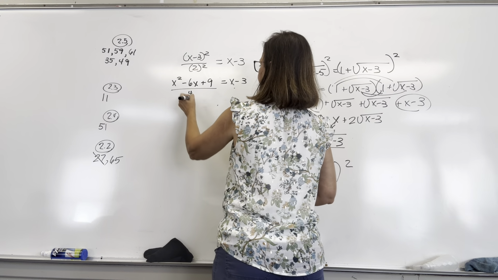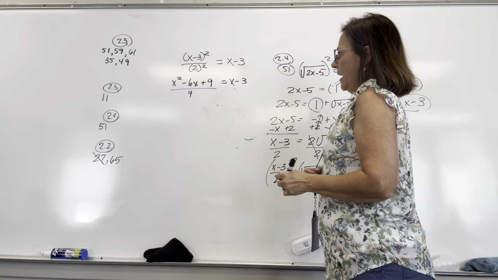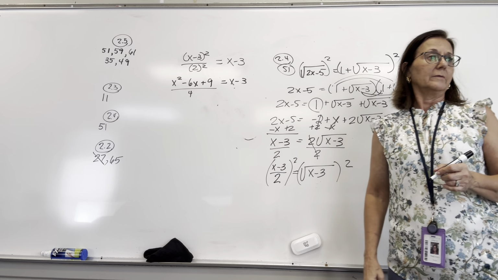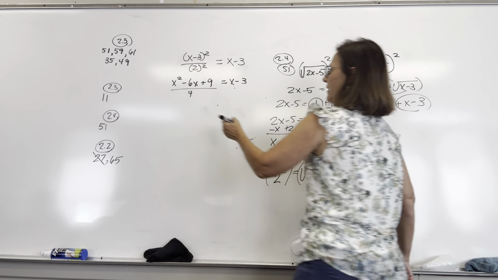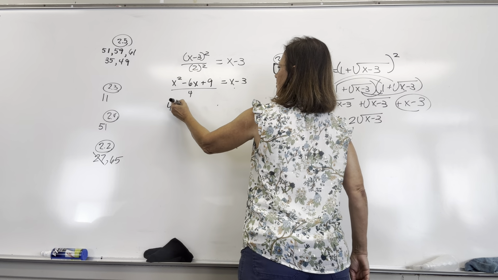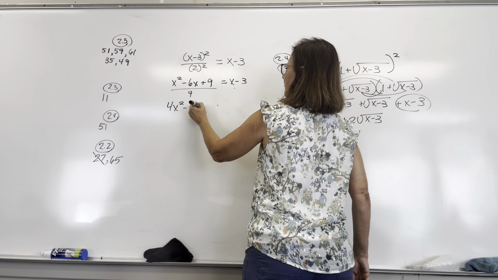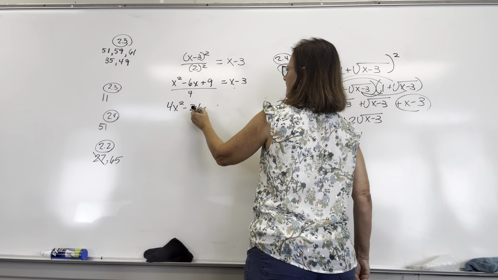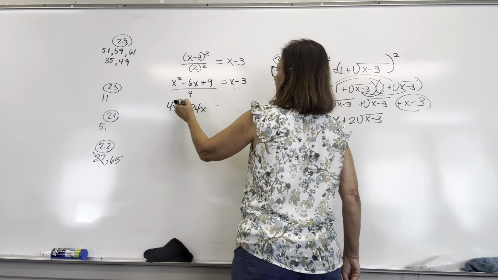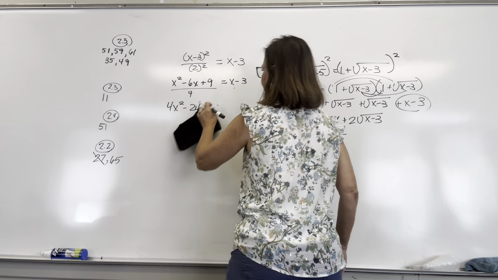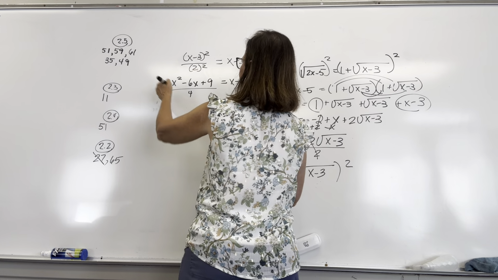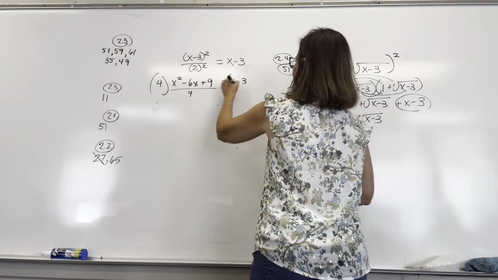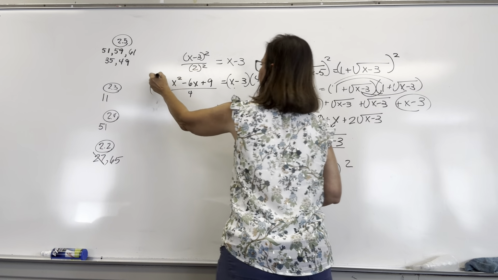Over 4. I'm going to multiply everything by 4 to get rid of the denominator. So that's 4x squared minus 24x. Multiplying that before, doesn't it just take the denominator? Yes, thank you. Nothing happens on the left-hand side. There we go.